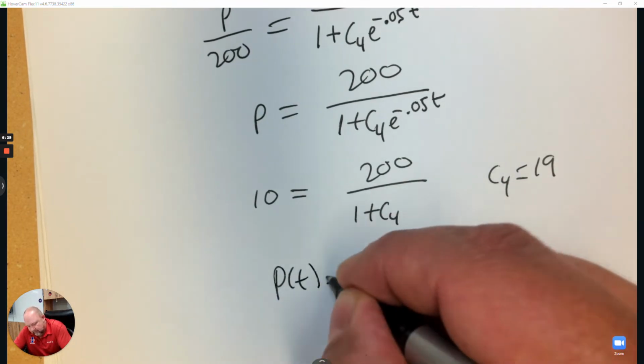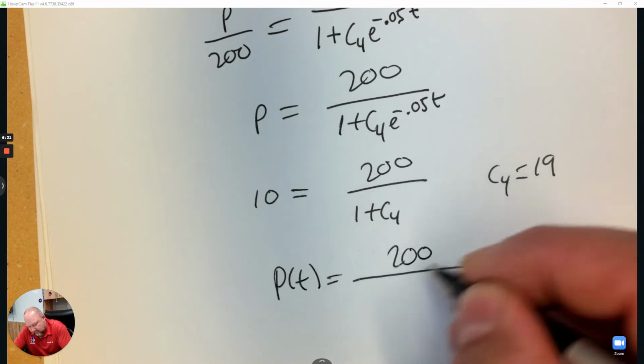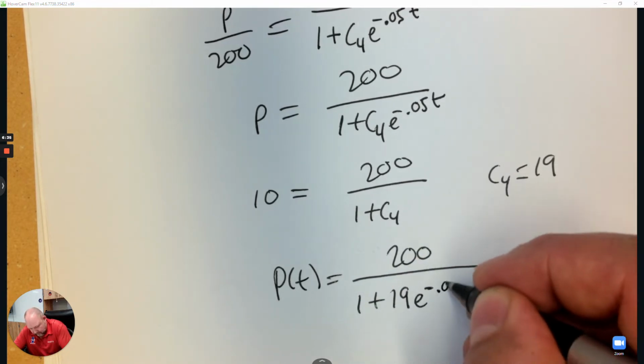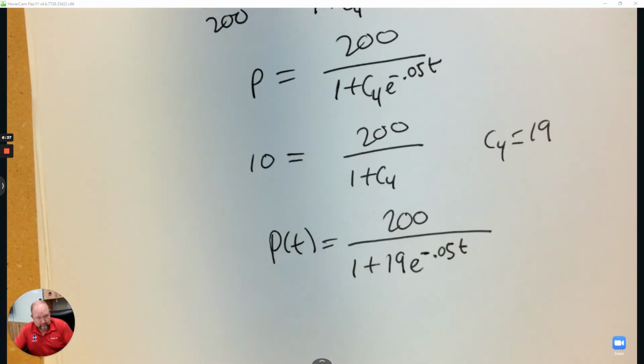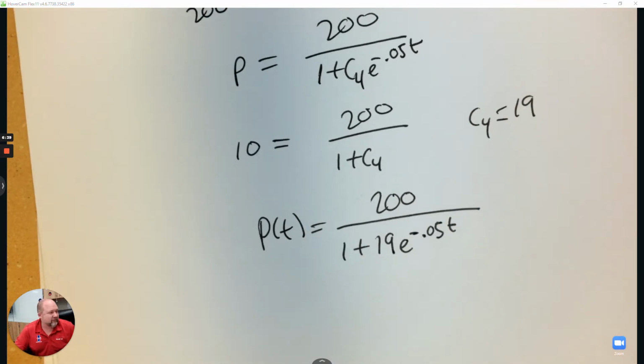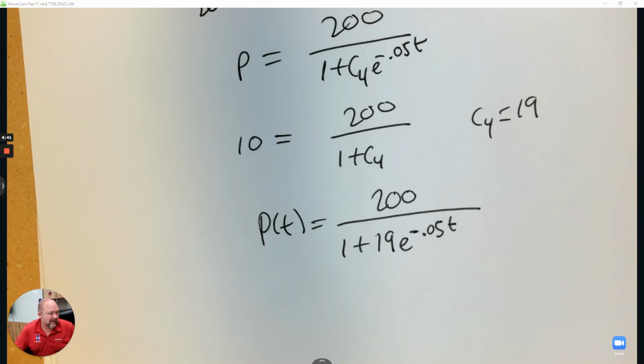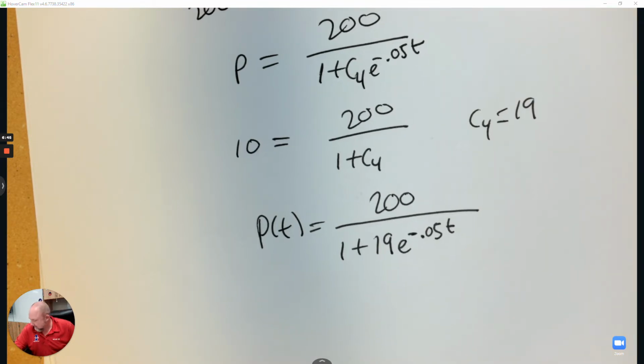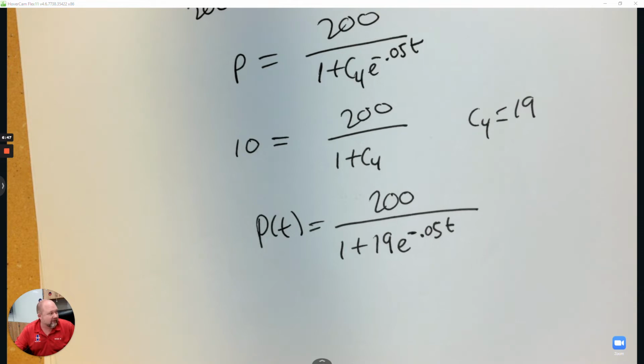So now we have an equation: P = 200 / (1 + 19e^(-0.05t)). Easy peasy. We got it. Then it asks, when is the population growing the fastest?